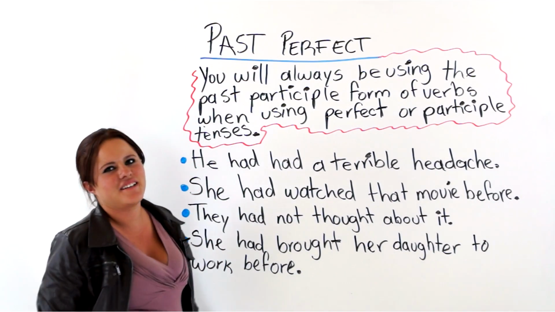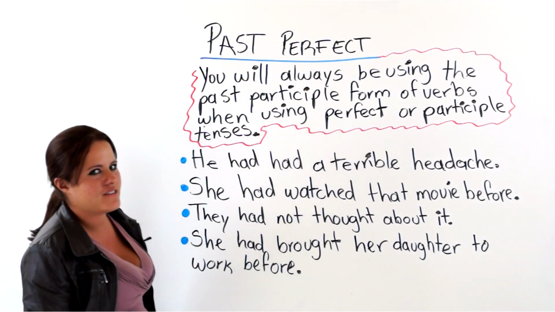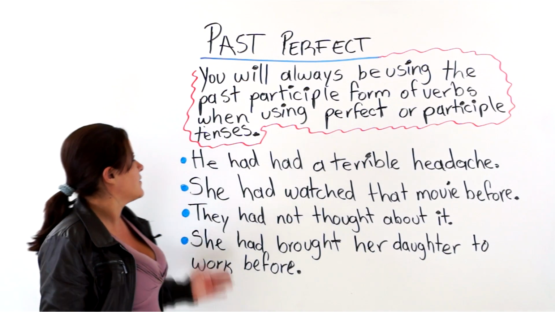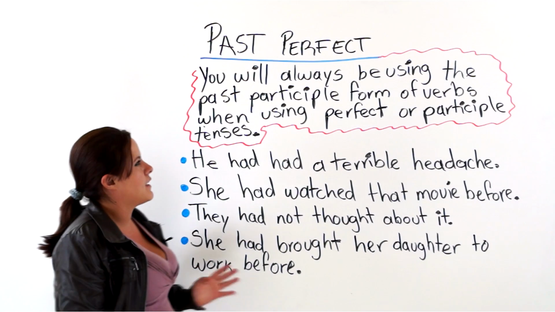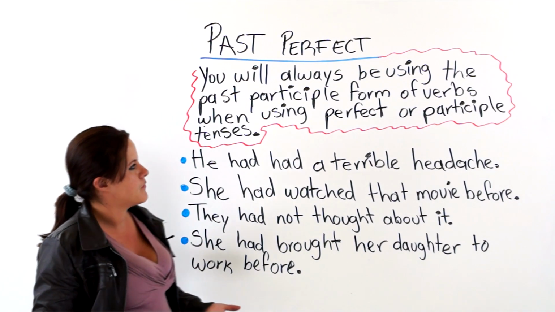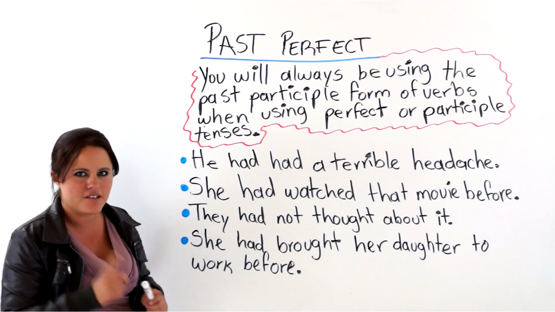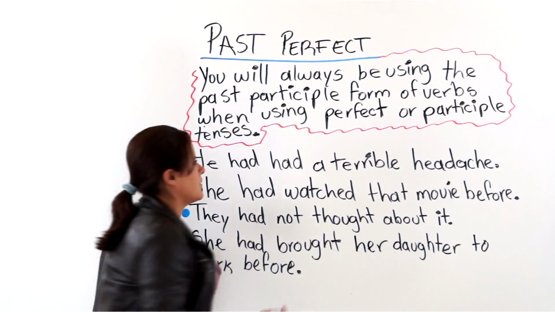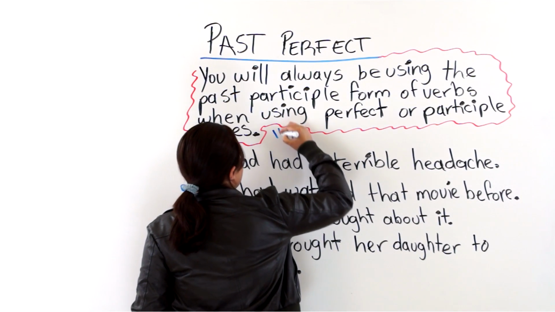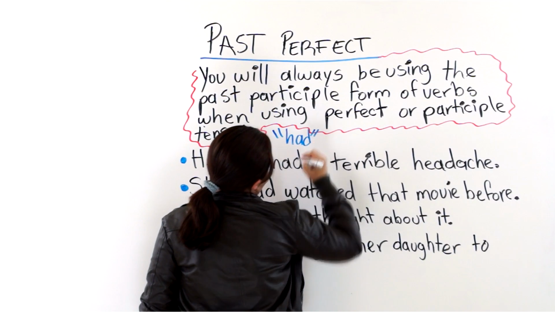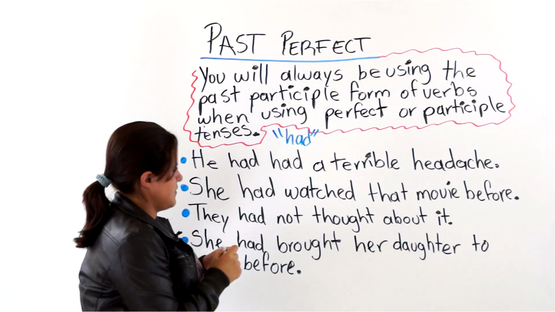In today's lesson, I will be talking to you about the past perfect tense. As you may already know, you will always be using the past participle form of verbs when you use the perfect or participle tenses. And you are always going to use had, the past tense of have, okay?